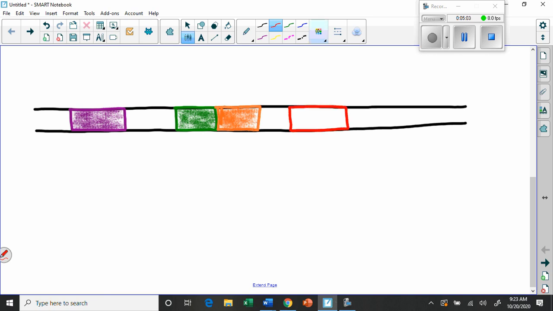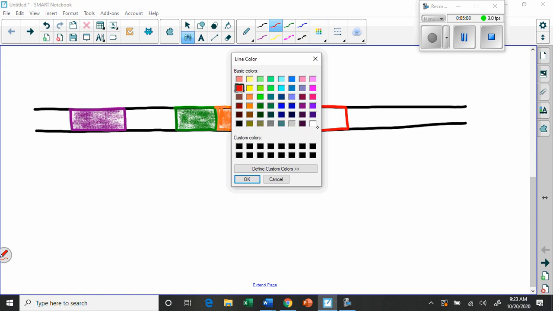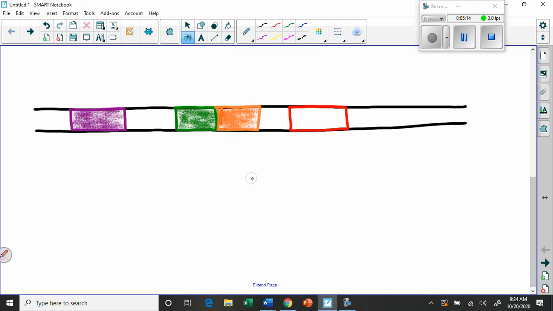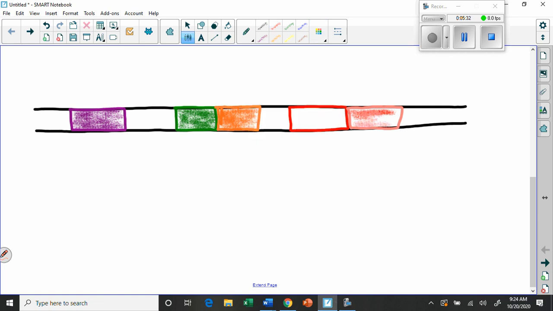Then let's do a lighter red. Let's see if we can get, oh, where are my colors? Maybe a pink. Pink. Okay. Better do the crayon on that too while I've got it. Oh, that's the wrong one. Pink. There we go. And red.